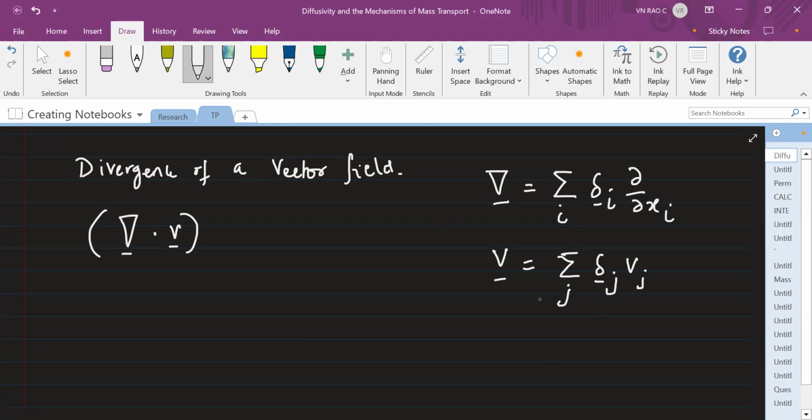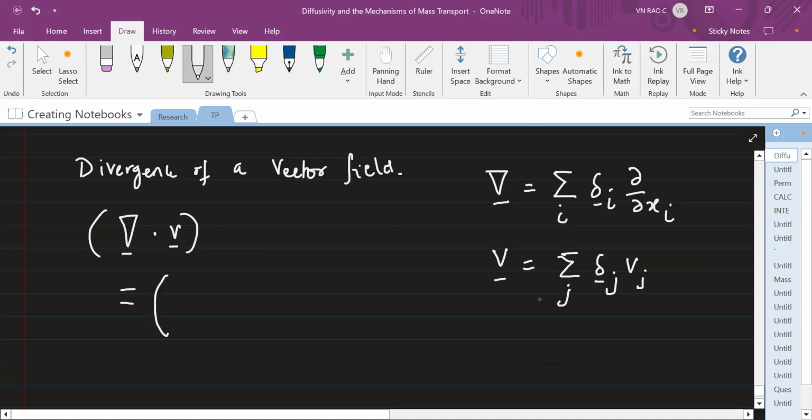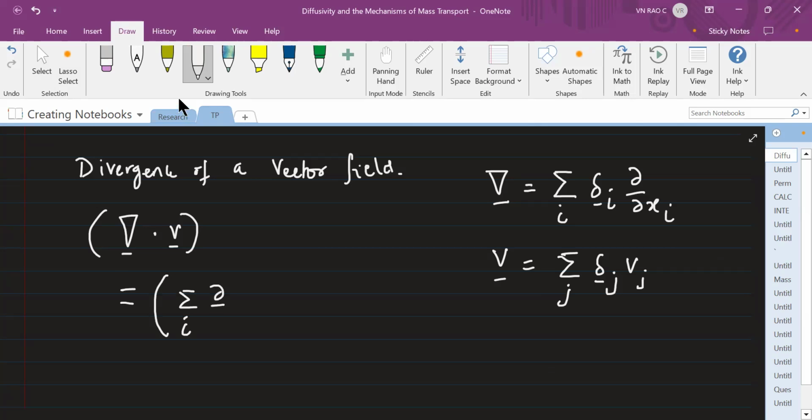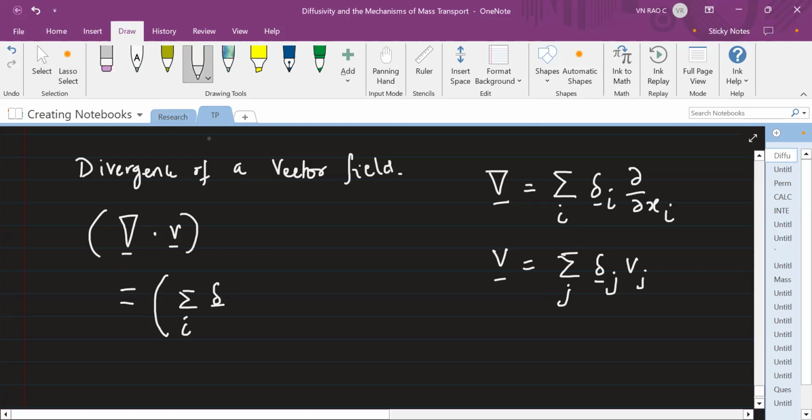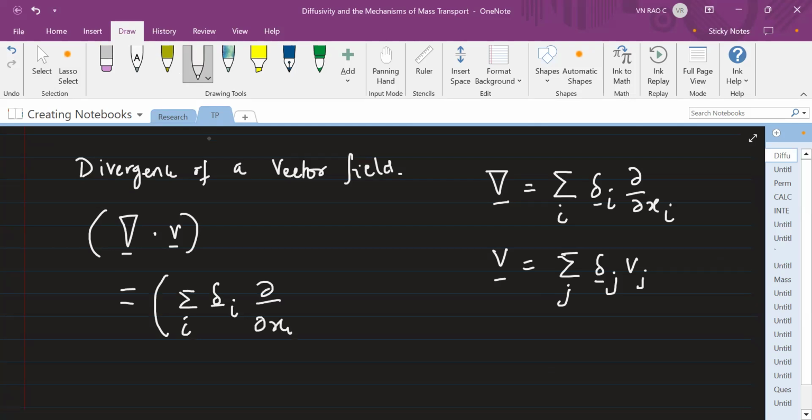So this divergence you can write in this way: sigma i, delta i tau by tau xi.